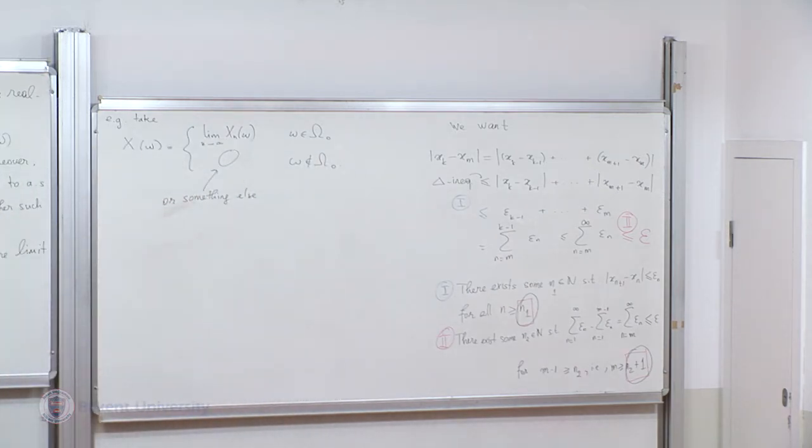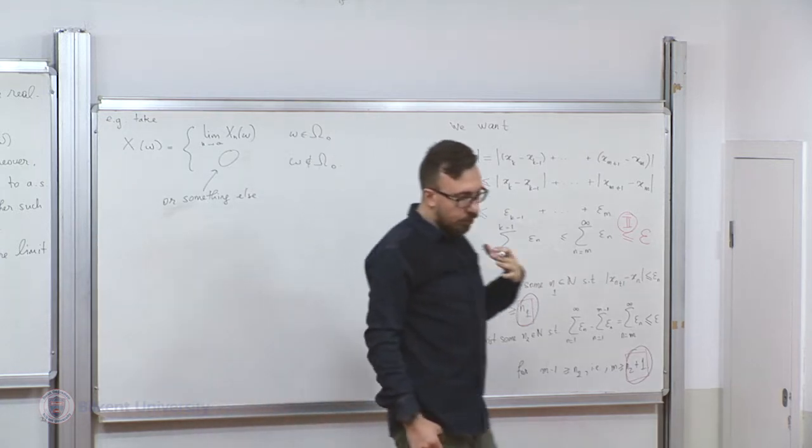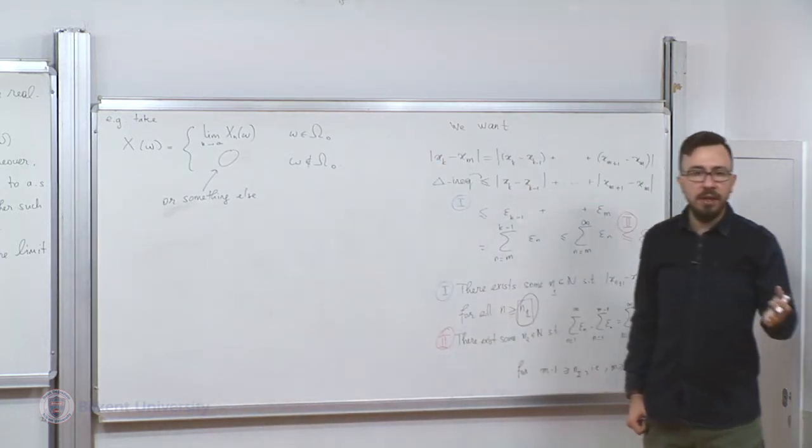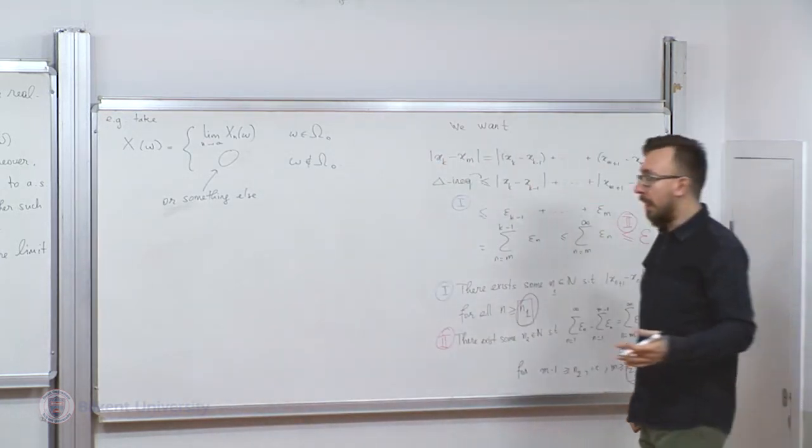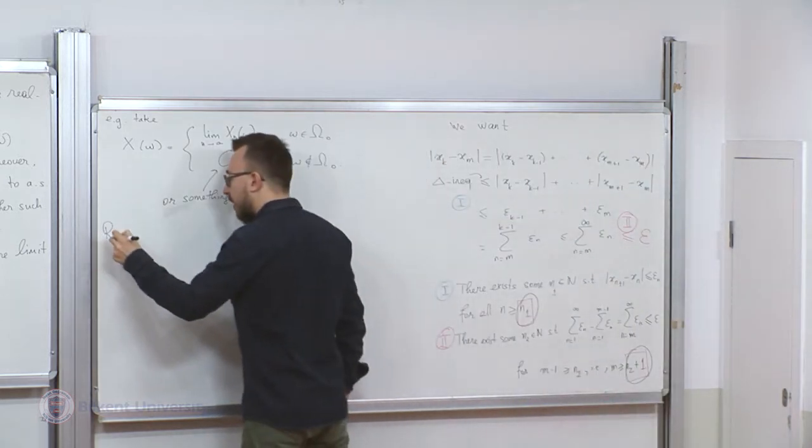And since we really look at things omega by omega, we can also say that this sequence is almost surely convergent if and only if it is almost surely Cauchy. Let me say it as a remark.